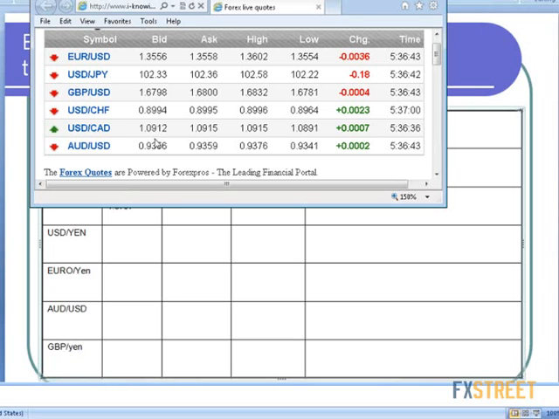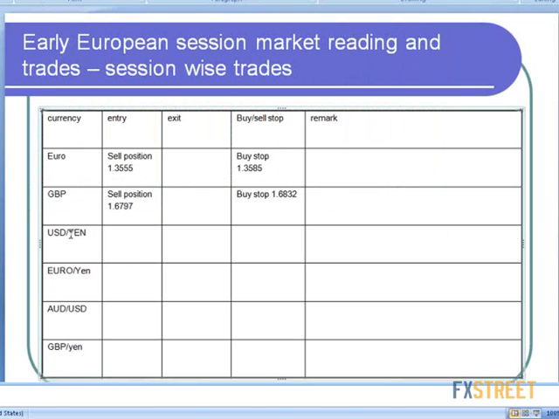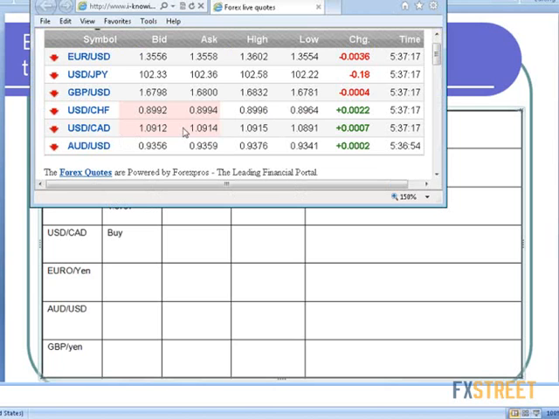We'll go in for a USD CAD, which is closer to the low. So I'm doing a technical buy above the initial high, 1.0909 in the case of USD CAD.